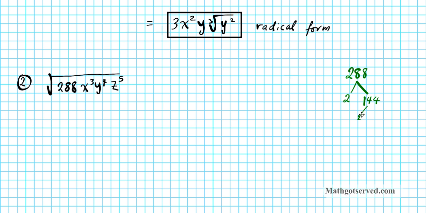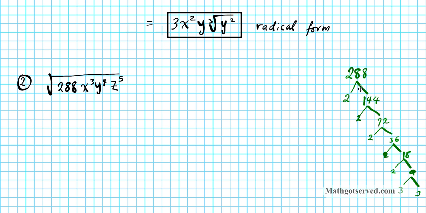Then take out another 2. 2 goes into 144 72 times. Take out another 2. 2 goes into 72 36 times. 2 goes into 36 18 times. 2 goes into 18 9 times. And then 3 goes into 9 3 times.